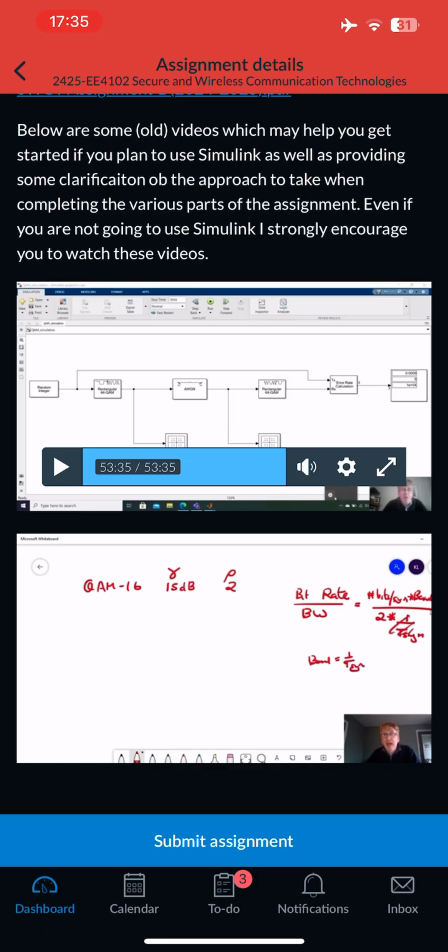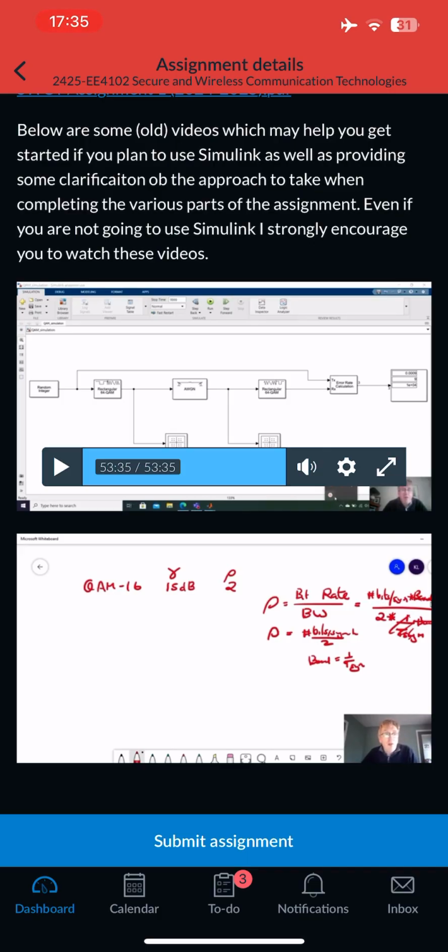So we can replace that with the baud rate. We can cancel the two baud rates, and what I'm left with for my spectral efficiency is just the number of bits per symbol divided by 2. For QAM16 that is 4 bits per symbol. Each of the symbols represents 4 bits. So I have 2.